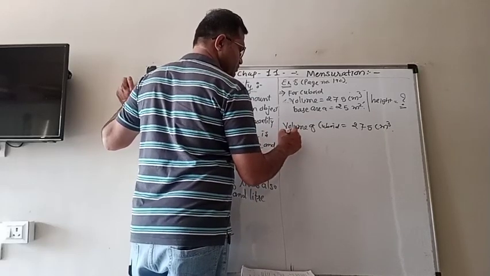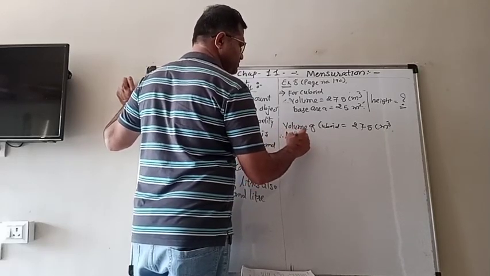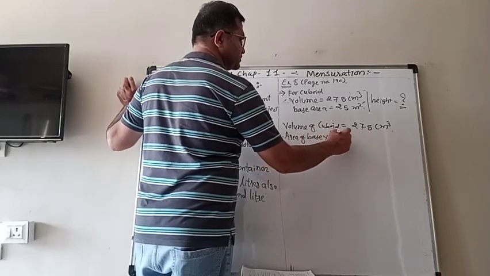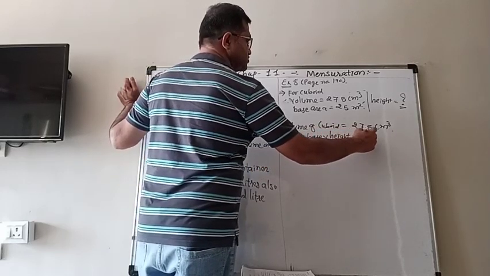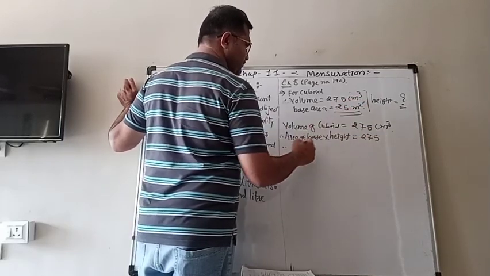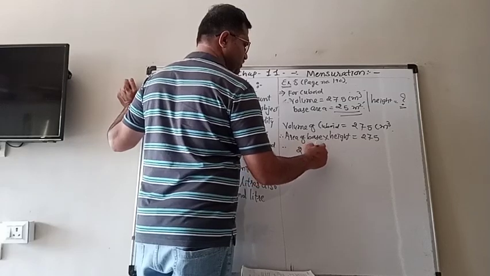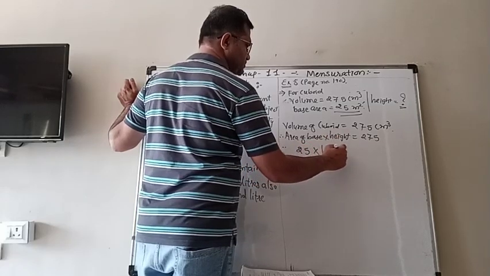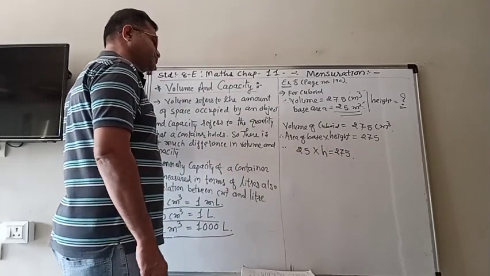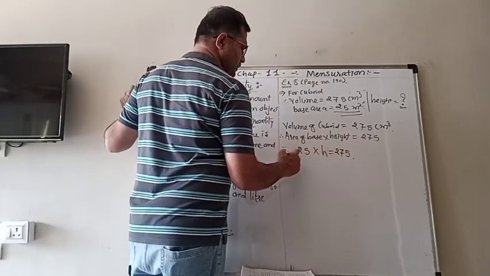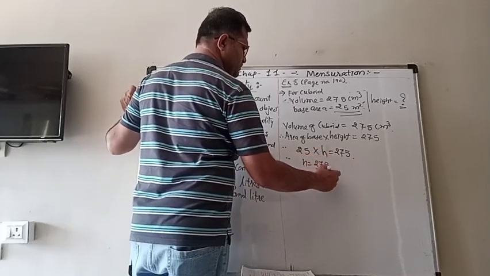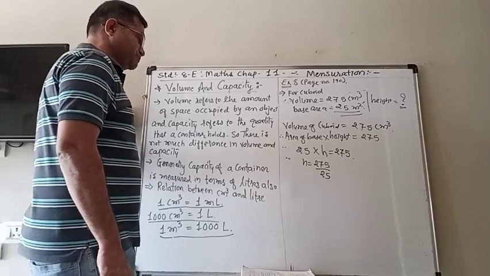So area of the base multiplied by height is 275. What is the area of the base? 25 meters square. So 25 multiplied by height h is equal to 275. So now h is equal to 275 divided by 25.